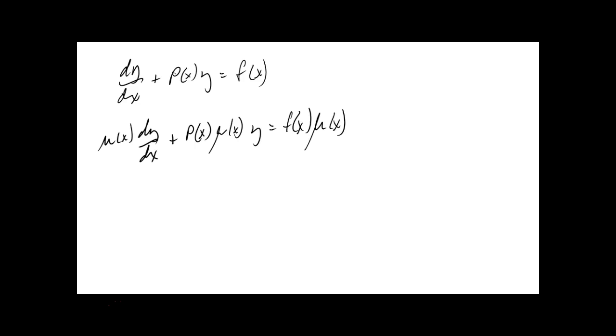That's what multiplying by mu of x does. Simple, just multiplying every entry on both sides by that.